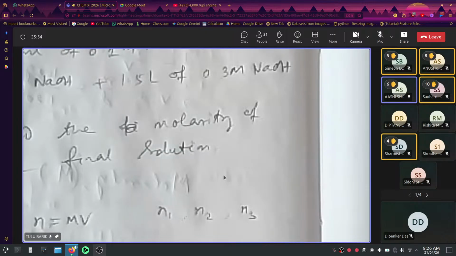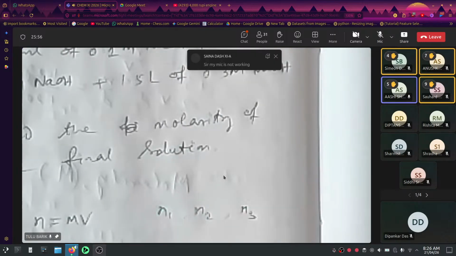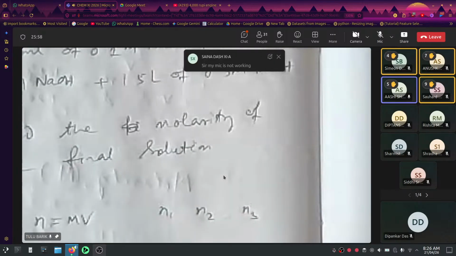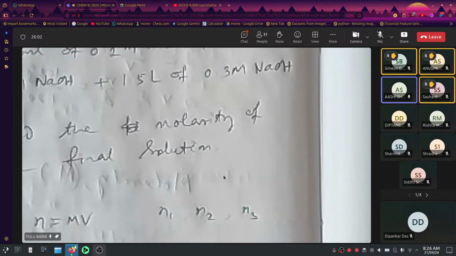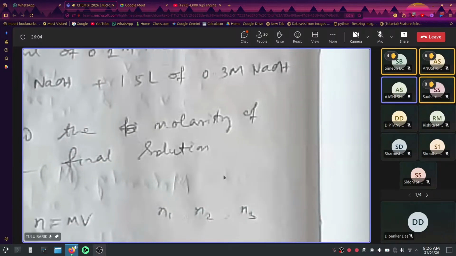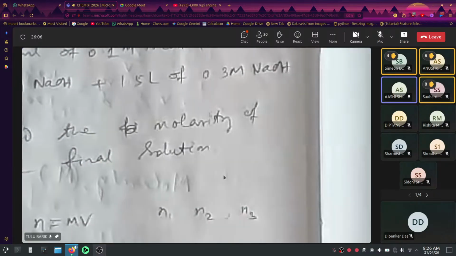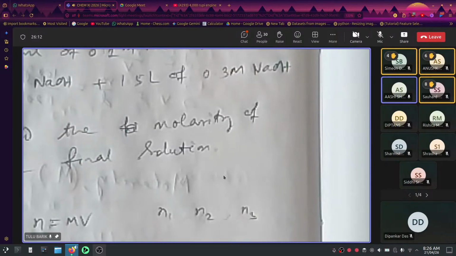So first we find the number of moles by the formula MV in the three cases. In the first one, we find 0.02 moles. Second one, 0.06 moles. And in the third one, we get 0.45 moles. Then we add all the moles and all the volumes and then divide.